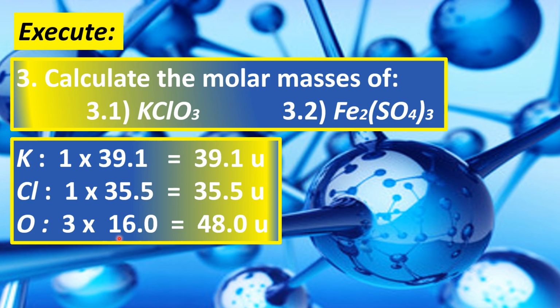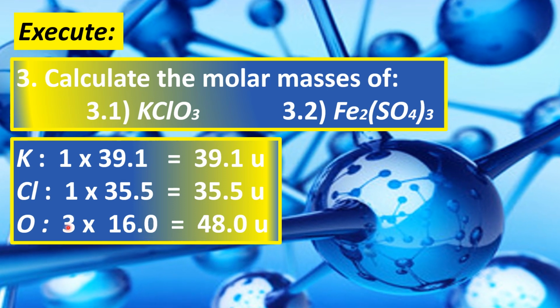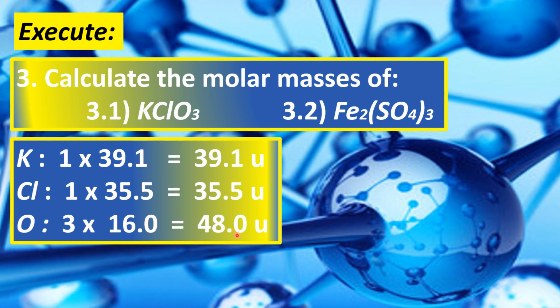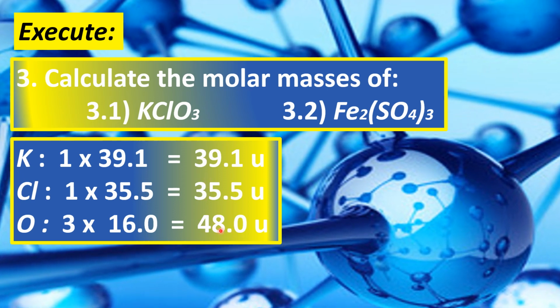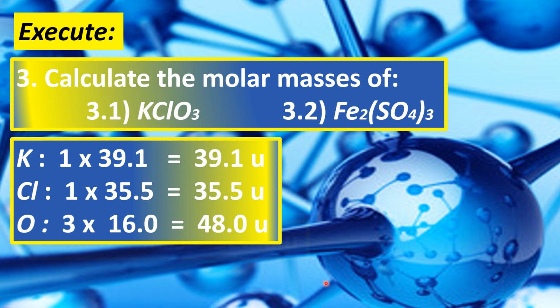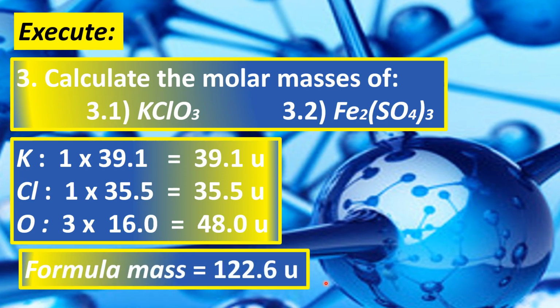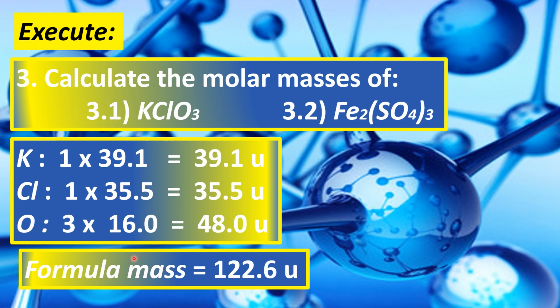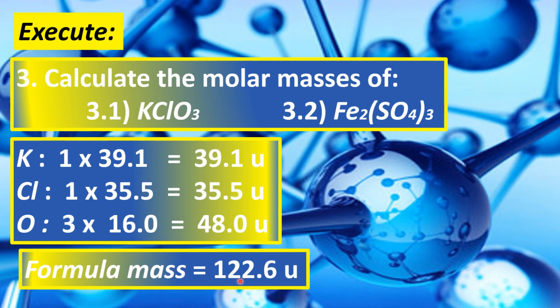So 16.0 U times 3 gives us 48.0 U. So adding them together, we get the formula mass of potassium chlorate equal to 122.6 U.